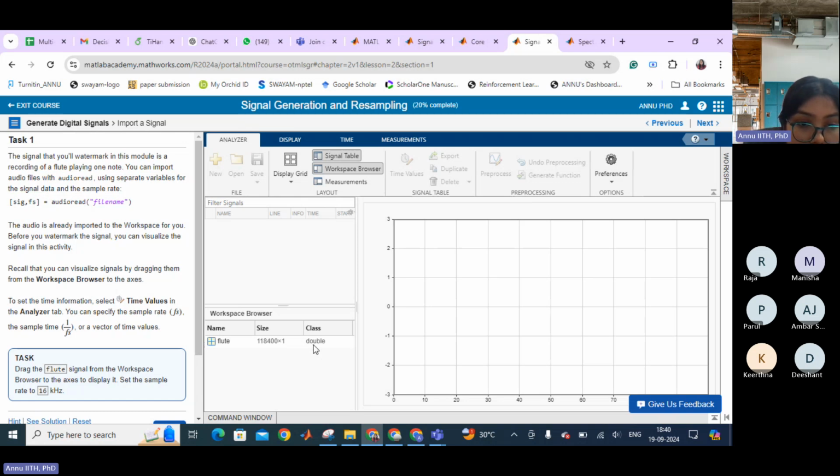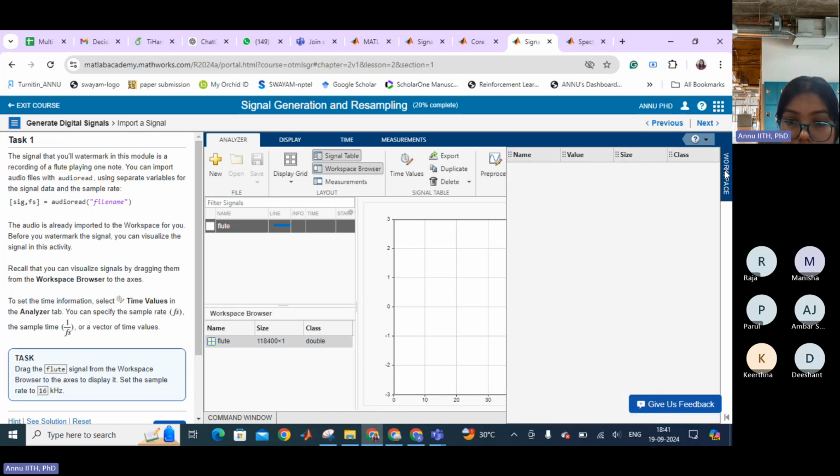Before you watermark the signal, you can visualize it in this activity. So how can we visualize? Recall that we can visualize the signal by dragging it from the workspace. Okay, workspace, we can drag it and let's visualize this flute.